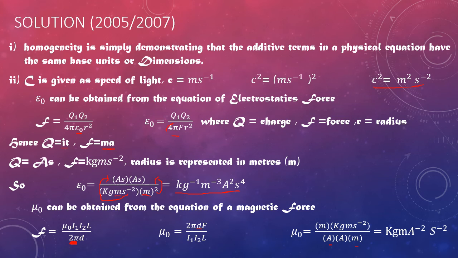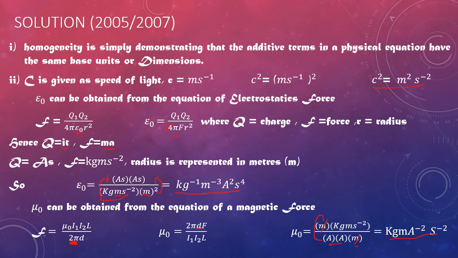So one of these meters goes with this one. We are left with just 1 meter, and these two combine to form a square, and they move up here to form a negative 2, and hence the unit is kilogram meter per ampere squared per second squared.